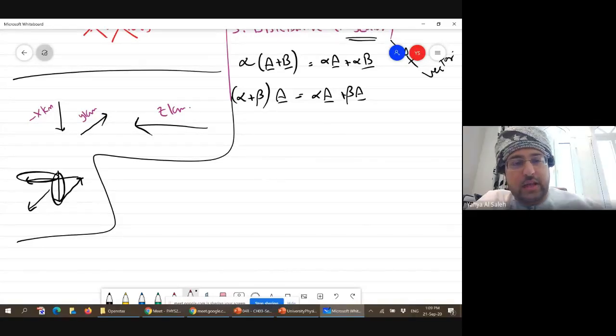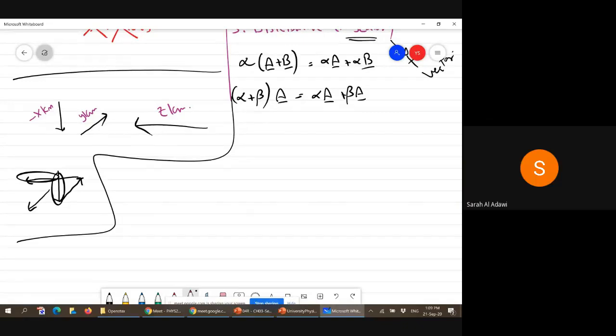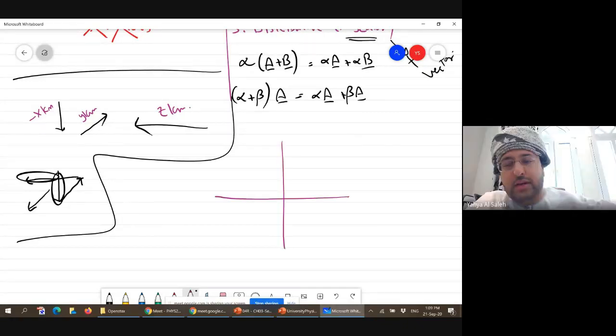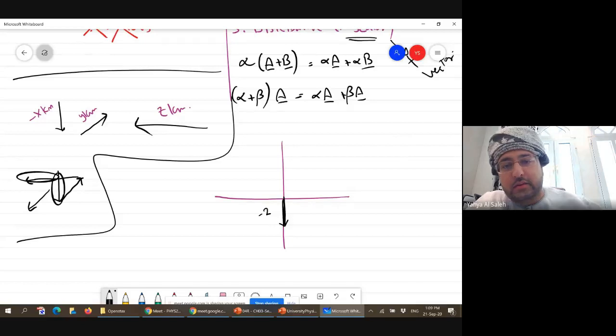Yes, but that is because we're using the units, so it's not purely graphical. But you're absolutely correct. Okay, so I draw it like this, and I have this 2 units down, and I will take this and this to start with. I have 3 units in that direction.